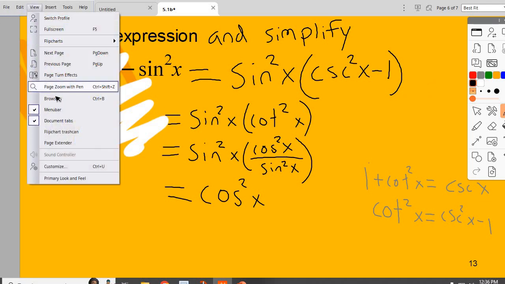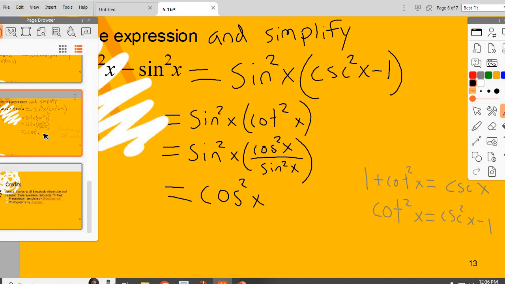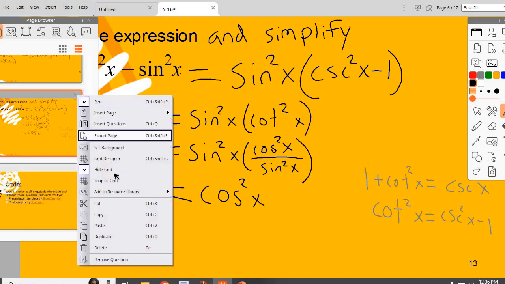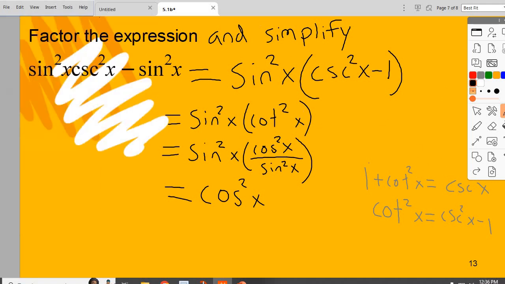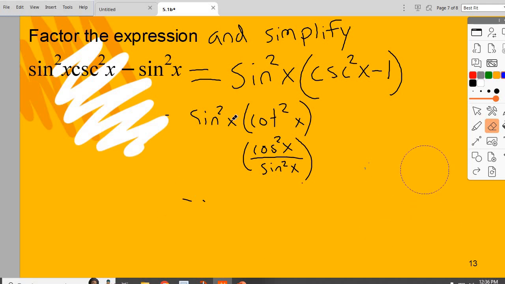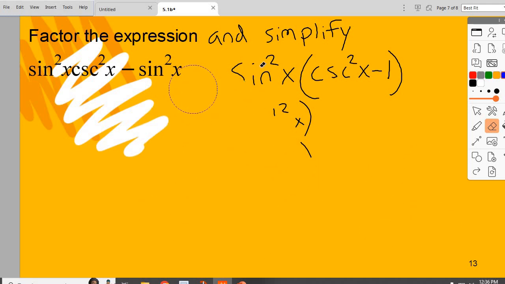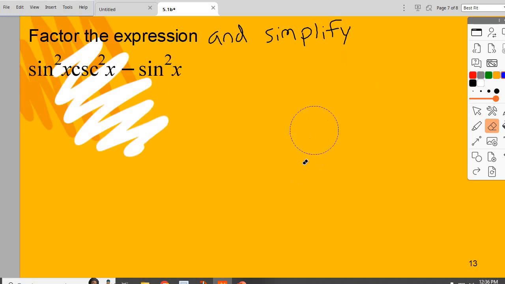Now, I think I've said before that sometimes there are multiple ways to get to the same answer. So let us say that we didn't see that we had a greatest common factor here, and instead we wanted to use our difference of squares formula.